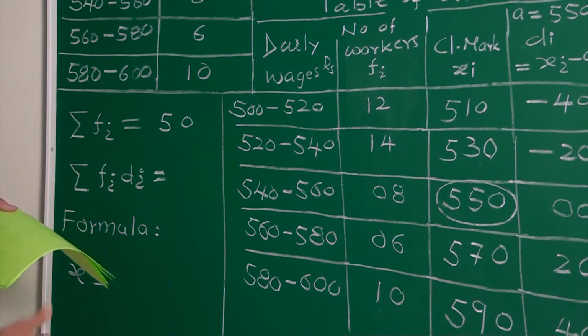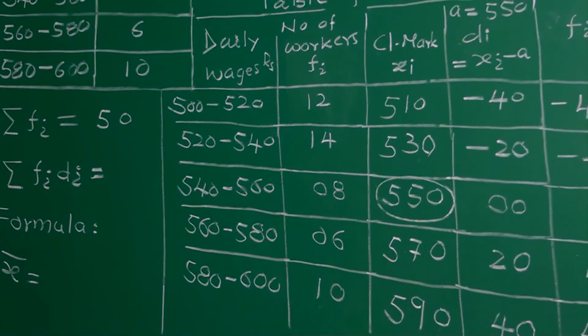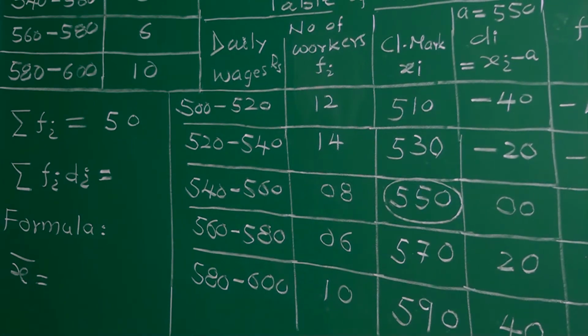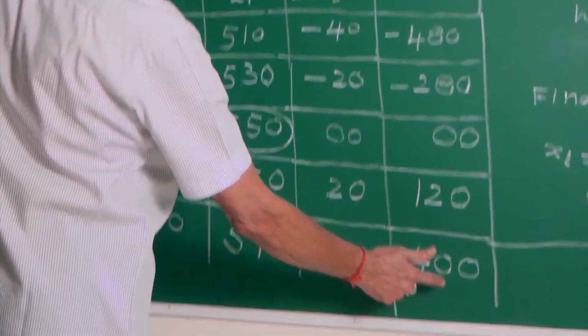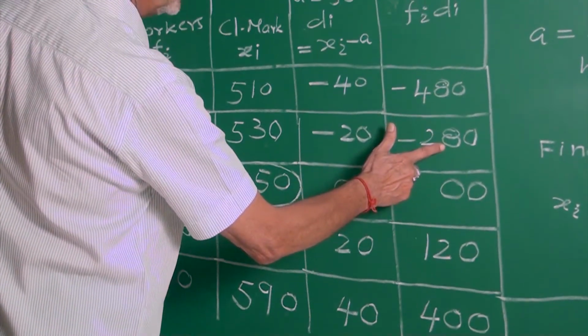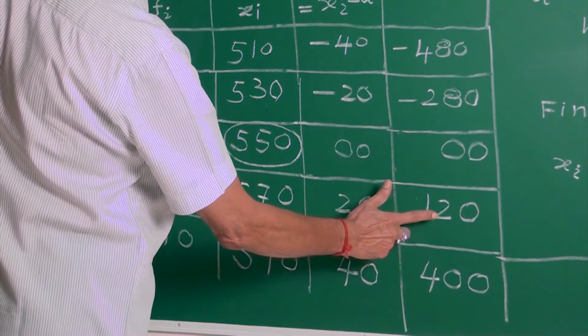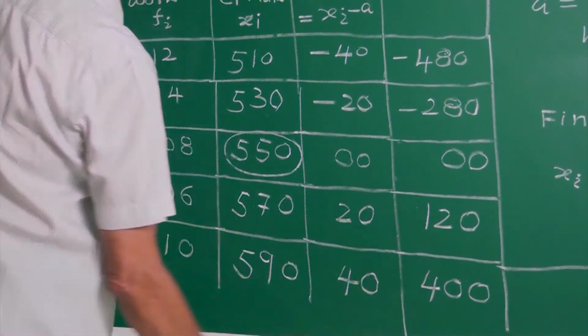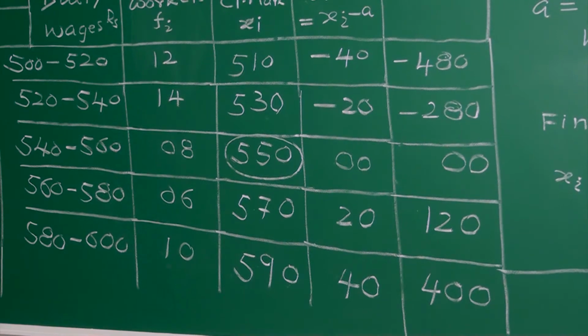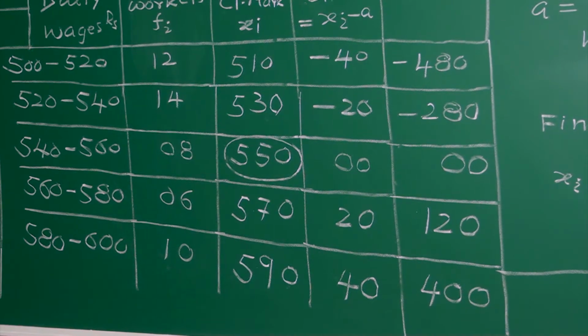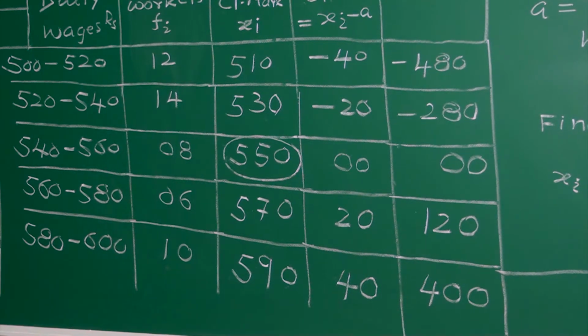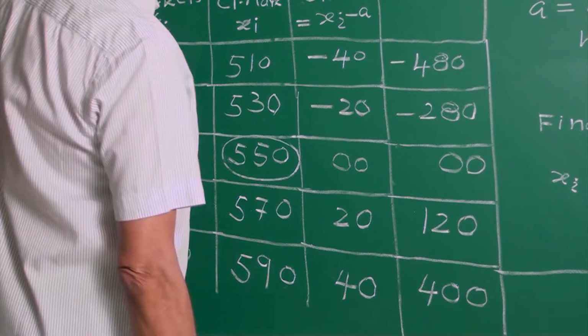Sigma fi is 50. Then you have to go for sigma fi di, this value.